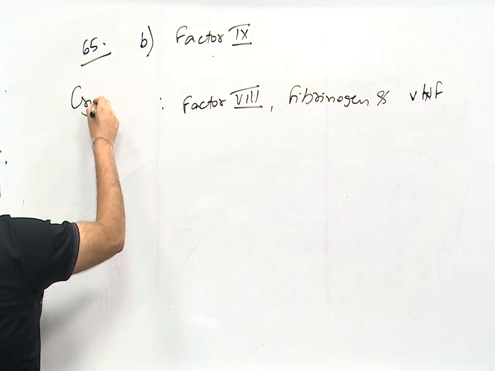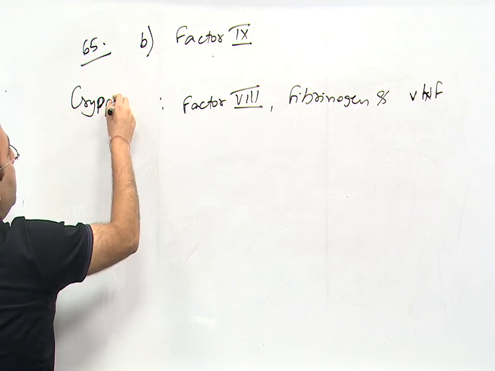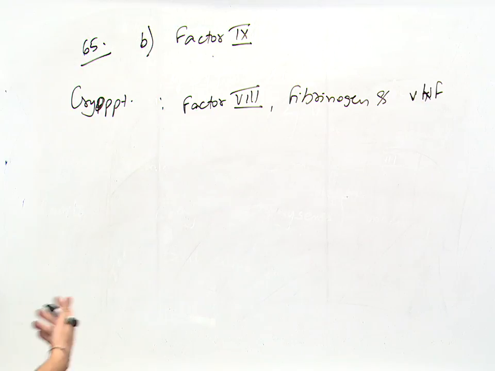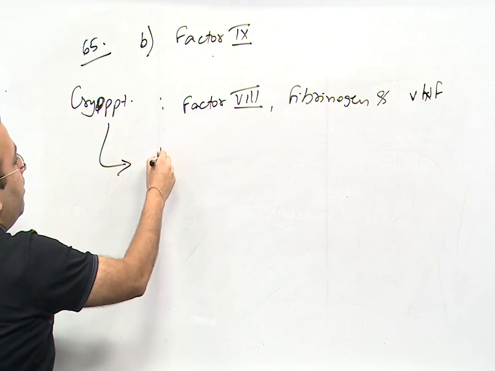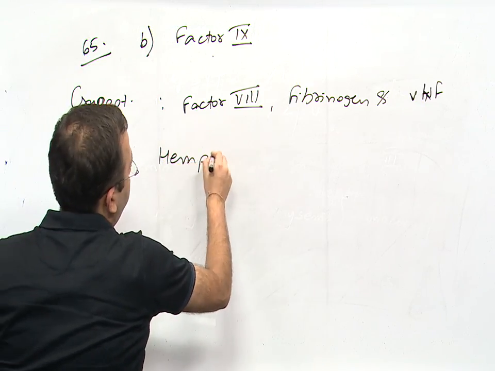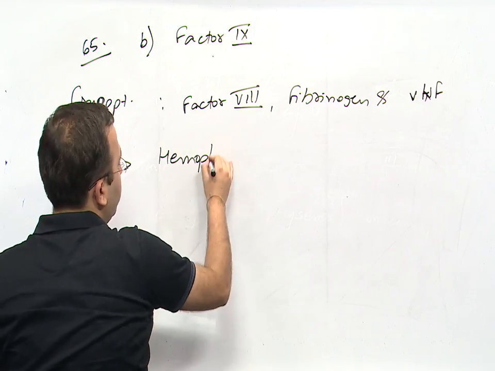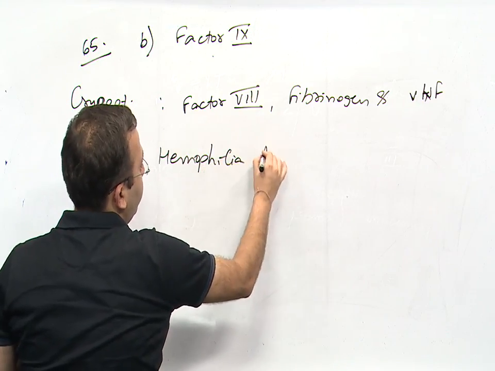All these three are present in cryoprecipitate, whereas it is deficient in factor 9. That is why cryoprecipitate can even be used in hemophilia A.